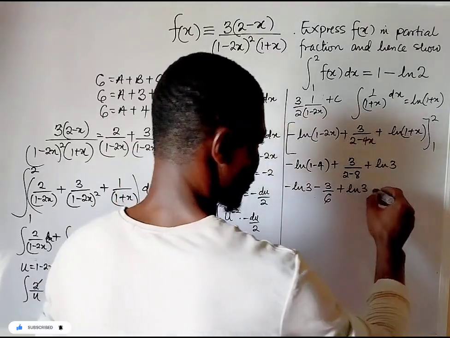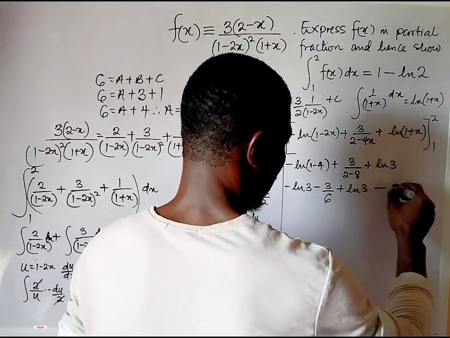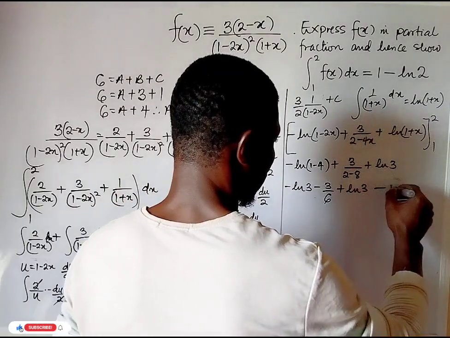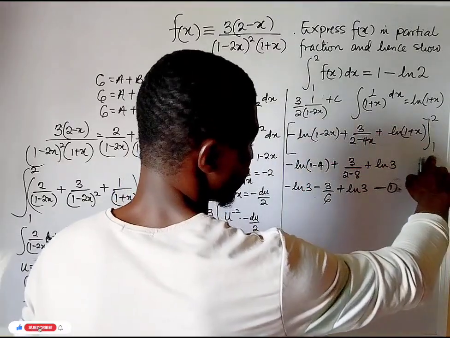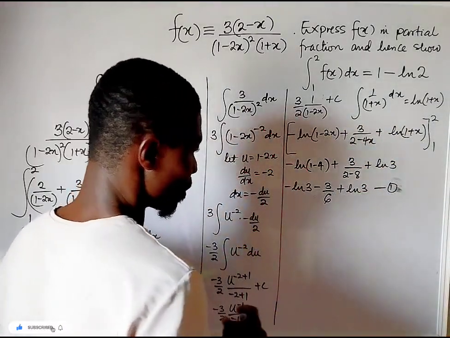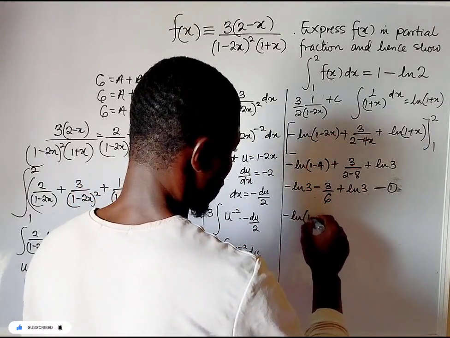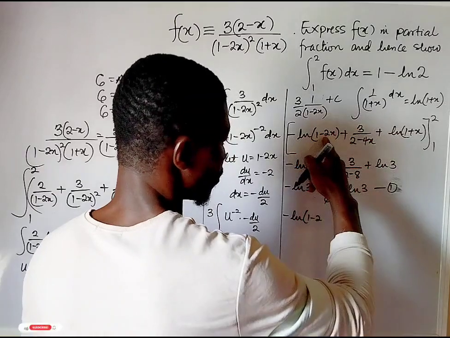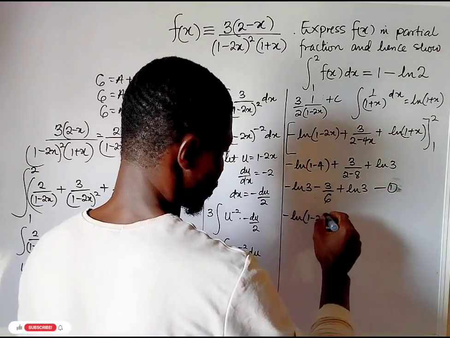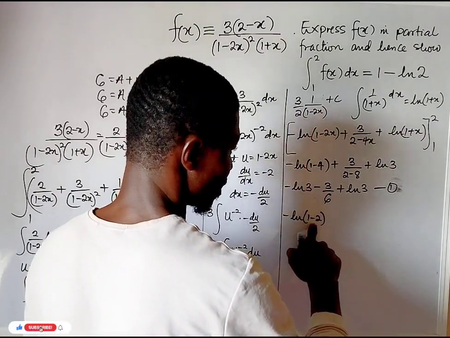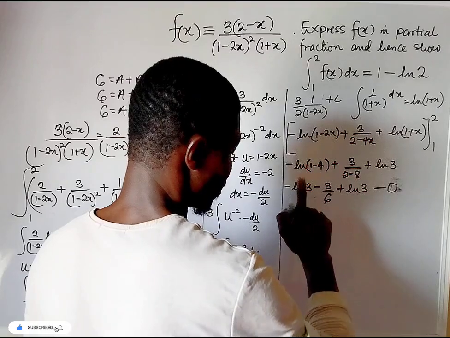Let's just make it 1. So for 1, plug in 1 for x in the equation. You have minus ln of 1 minus 2, since 2 times 1 gives us 2. Take note, we are taking the absolute value of whatever we get in the bracket, and that's only for the ln.